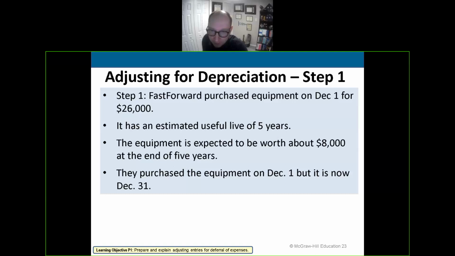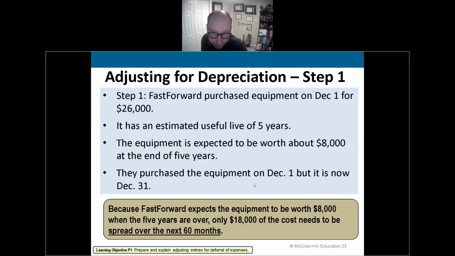The equipment is expected to be worth $8,000 at the end of its 5 years. We purchased the equipment on December 1, but it's now December 31. So we used it for a month so far.